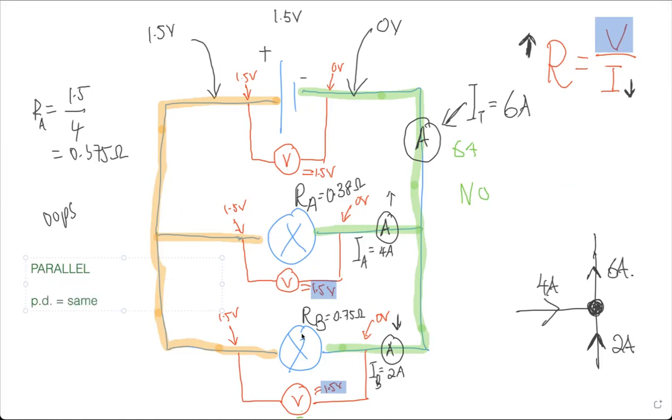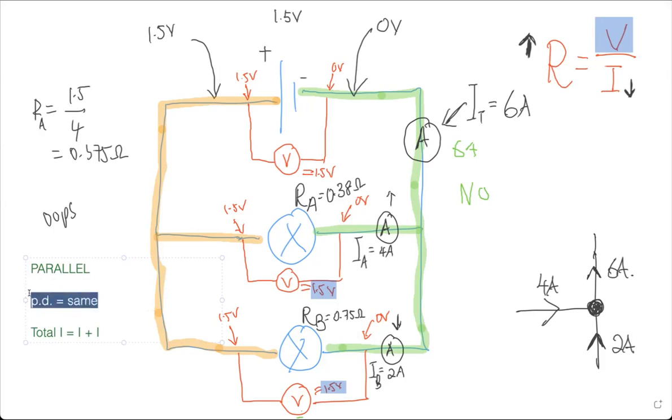If two components are in parallel, their PD are the same. Then the total current will be equal to current A plus current B.